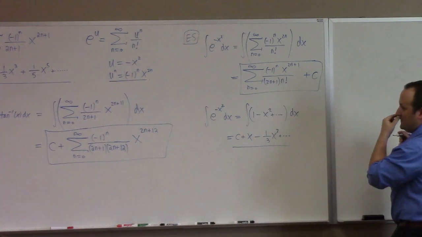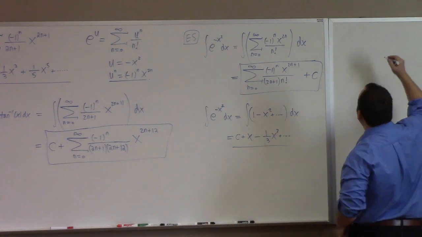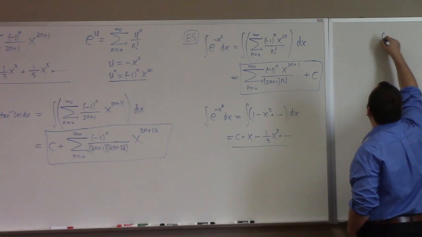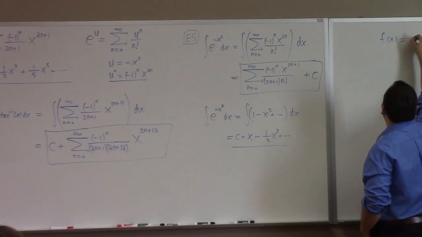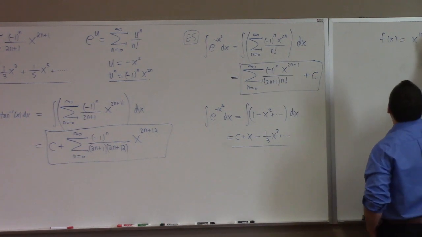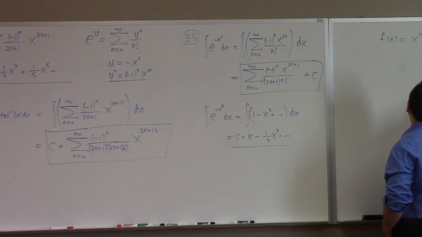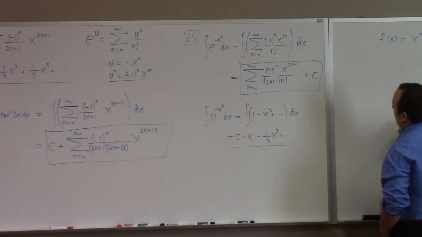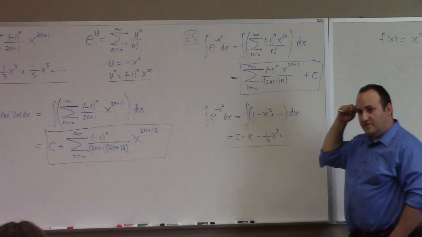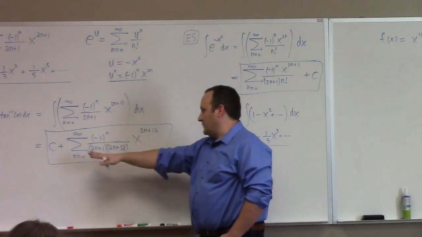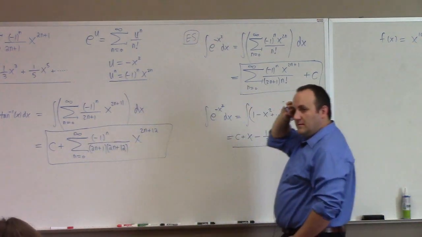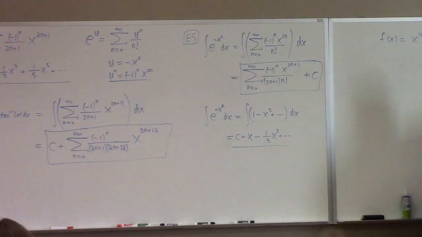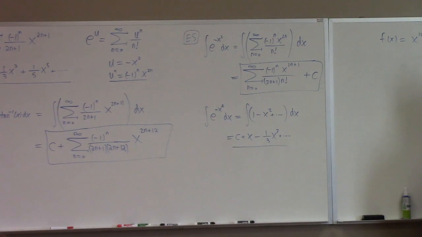So let's see. Let's think about f of x equal to x to the 10th times the inverse tangent of x. All right. So I had the power series for that right over here. Right. We wrote it down a second ago. This has a power series representation centered at 0.